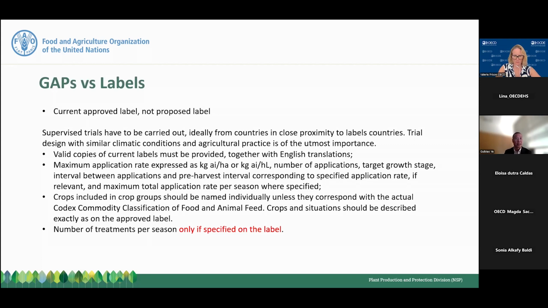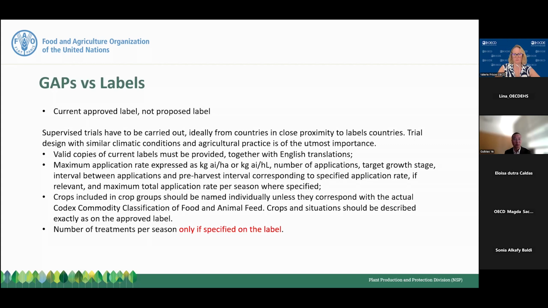Information on the crop is also very important for GAP, because sometimes crops are included in a group, and sometimes as individual crops. If it is a group, all the crops included in the group should be listed, unless they correspond with the actual Codex commodity classification.